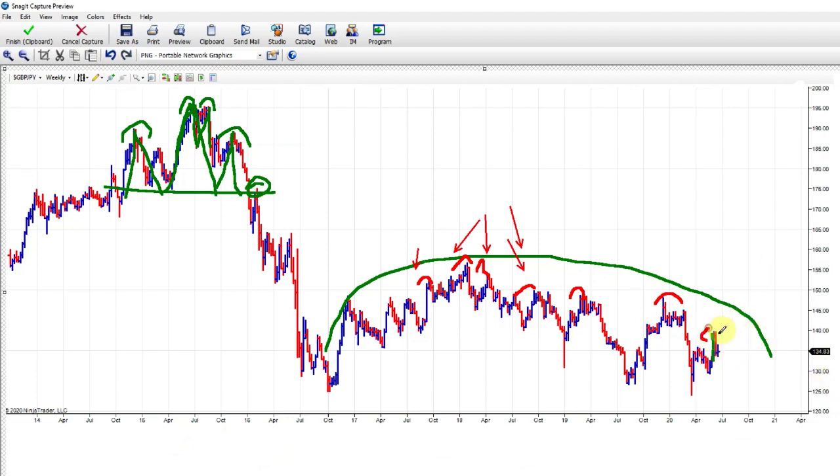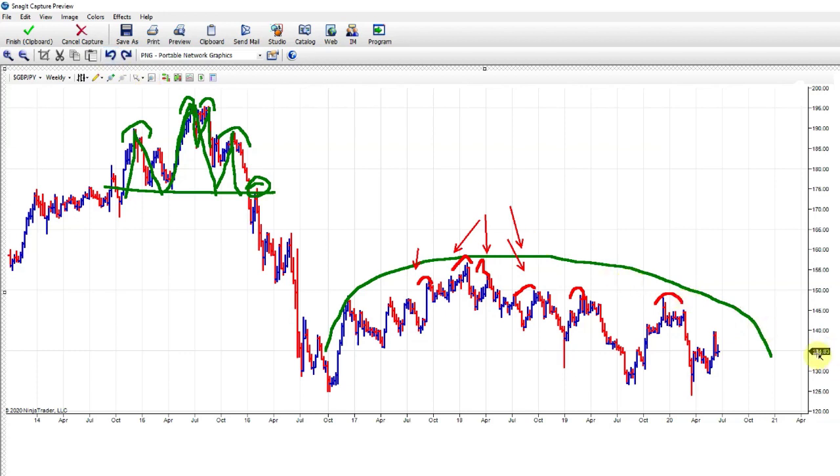So just to get back to where we were last week, I was advising our members not to follow that rally. To my mind, it was a matter of time before it collapsed. And then you can see in the week following, we collapsed, which to my mind was very predictable.